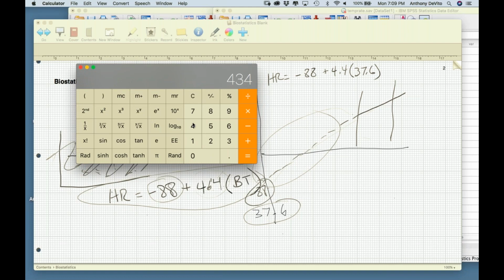I lost track here. 4.4 times 37.6 is equal to this, minus 88. Okay, so that would predict that that person has a heart rate of 77.4.